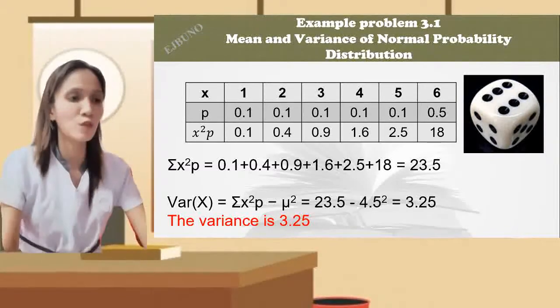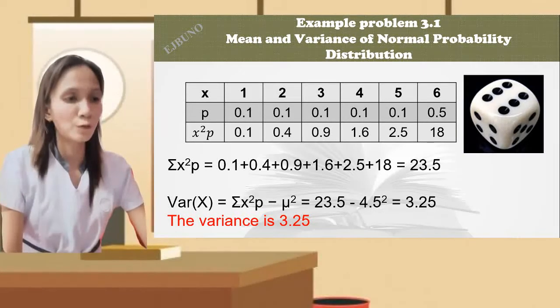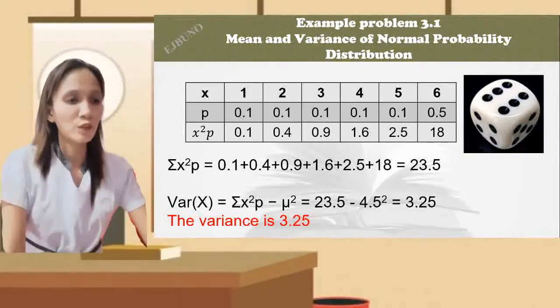And the variance is the summation of x squared p minus the mean squared, which is equal to 23.5 minus 4.5 squared, which is equal to 3.25. Our variance is 3.25.